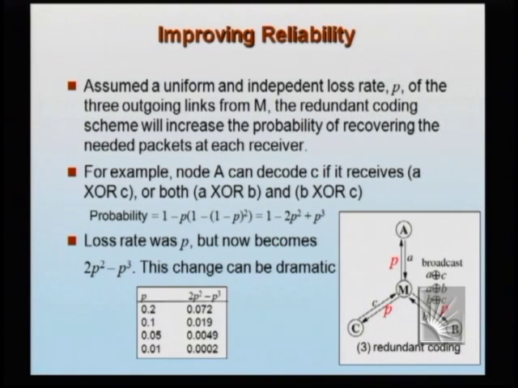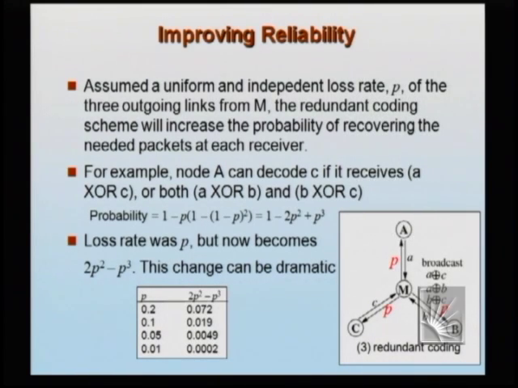So just to look at a single node, node A can decode C. Node A wants to get packet C. Node A can decode C if it receives A XOR C, because it already has A, right?